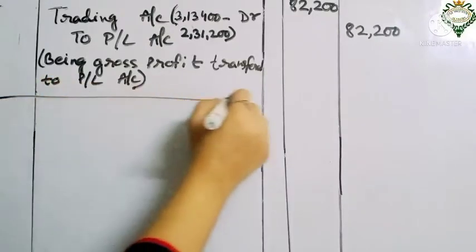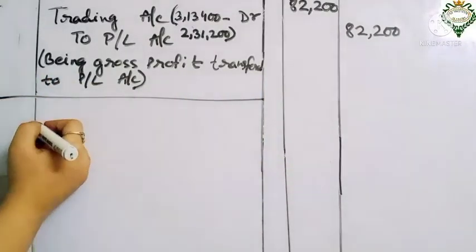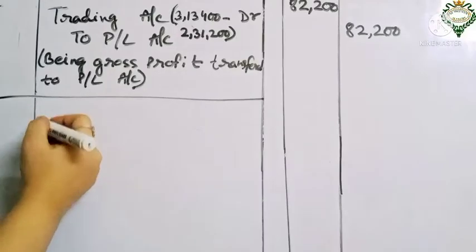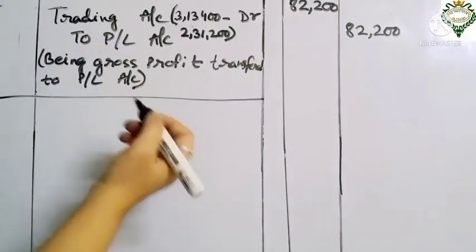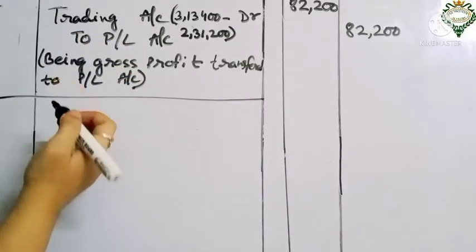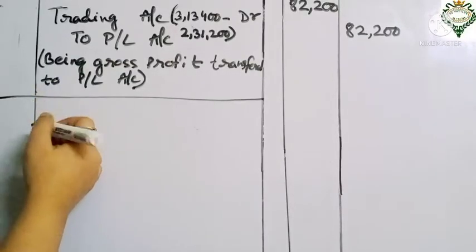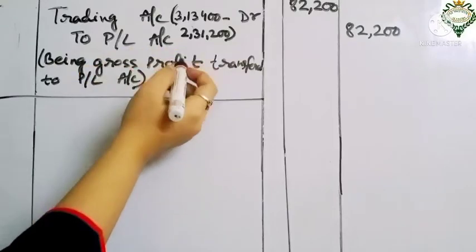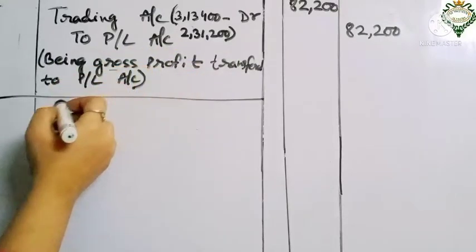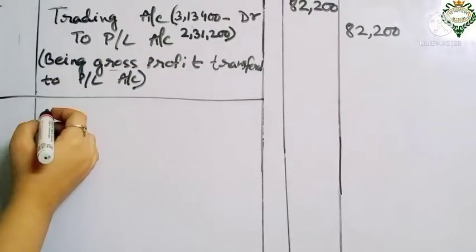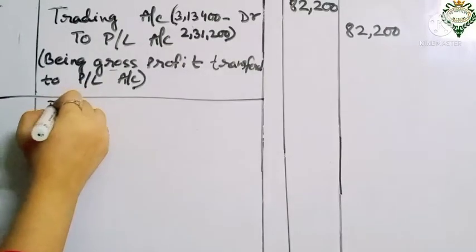Now come to the next transaction, that will be, now we have to transfer all the things that come under profit and loss account, okay. We have to determine the net profit. We have found out the gross profit, and now we have to determine the net profit from the profit and loss account, okay.